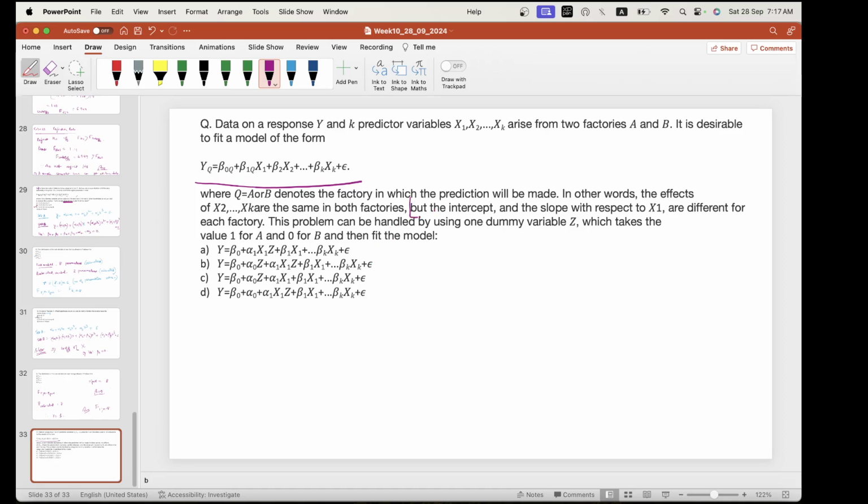So here they are saying intercept and slope with respect to x1 are different.